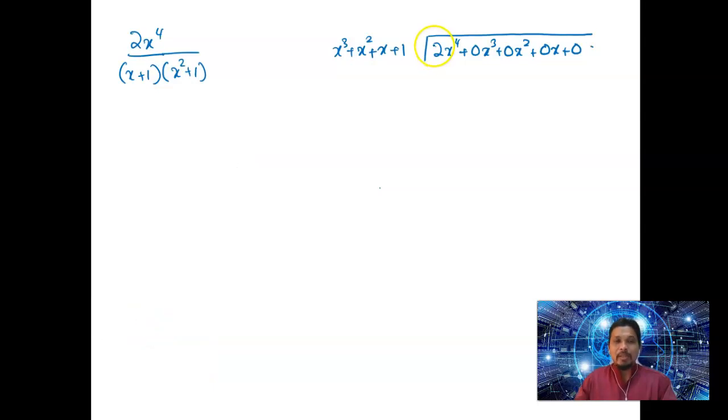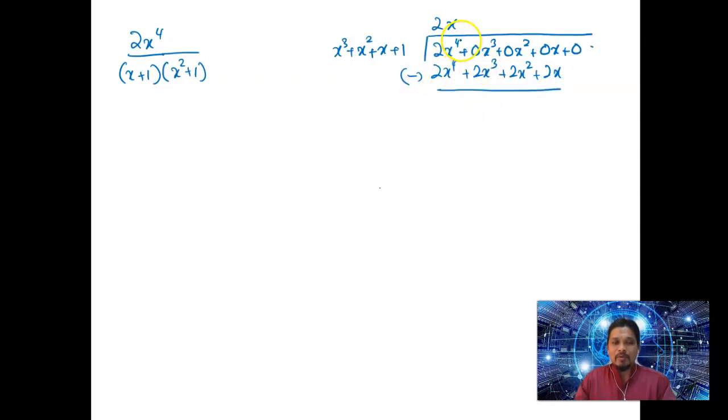Okay, so now let's divide this one by this one here. 2x to the power 4 divided by x cubed gives 2x. So 2x times x cubed is 2x to the power 4. 2x multiplied with x squared is 2x cubed. 2x times x is 2x squared. 2x times 1 equals 2x.